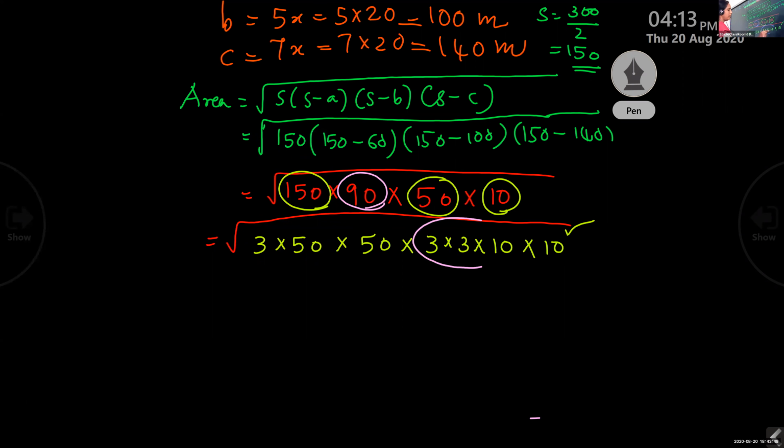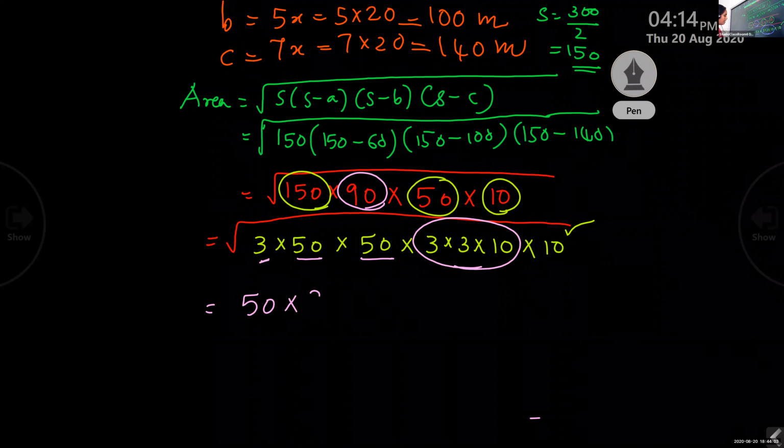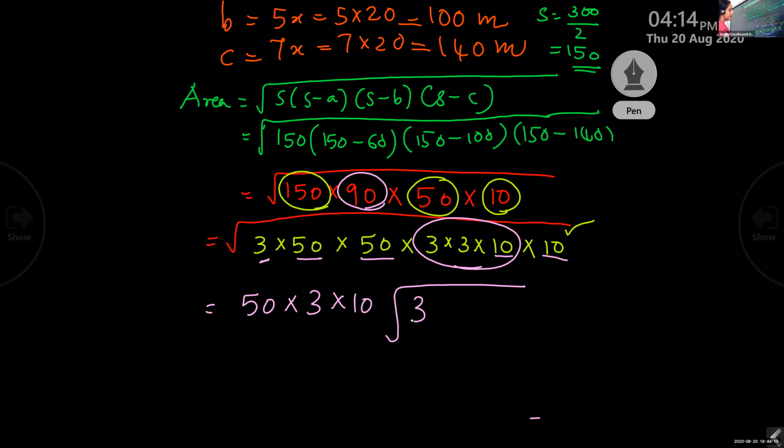Clear? Now it is clear to you. Now 50 is common. One pair, so 50 take out. Then 1 3 is common and 10 also common. One pair, and inside the root only 3 is remaining.